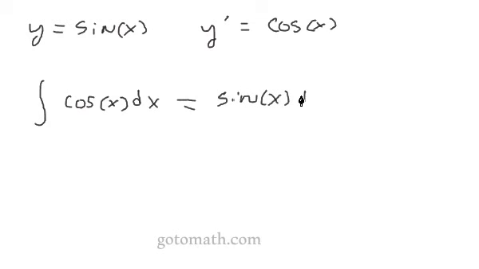But this time we got that constant of integration here. So if we were to take the derivative of sine x, we should get back cosine x. See that? Remember, here's our sine x. We take the derivative, we get back cosine x. So you'll have to remember that the integral of cosine x is sine x.